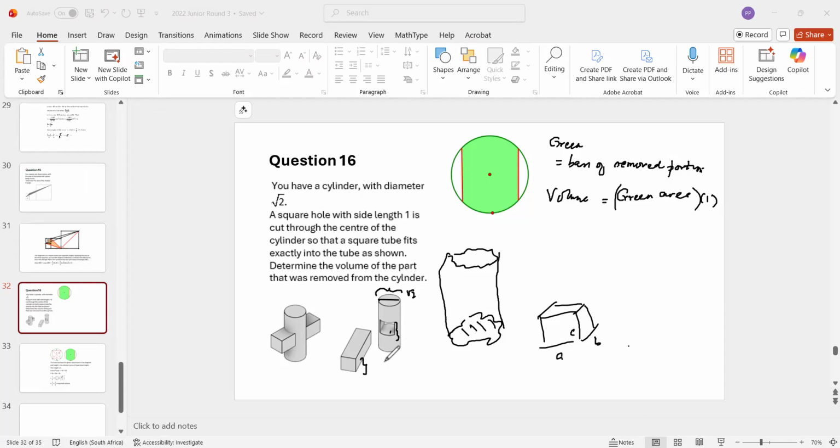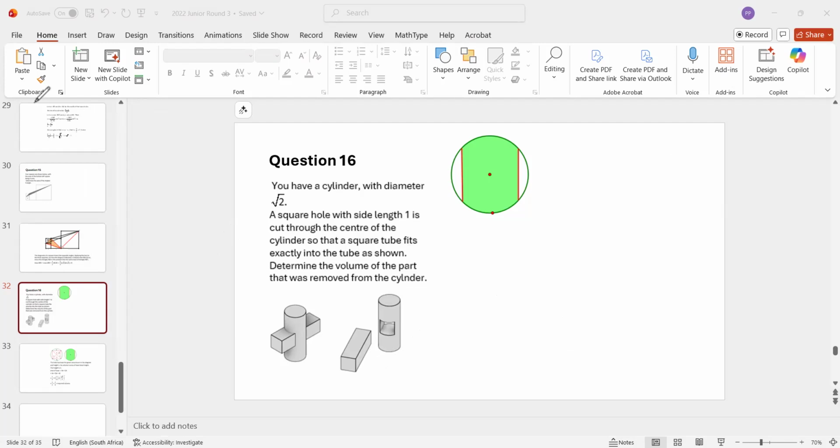So the volume is actually the green area, and I need to calculate the green area. Now how do I do that? I've taken everything out because I know where I'm heading. Let's see, the green area is made up of, let's break it up like that.